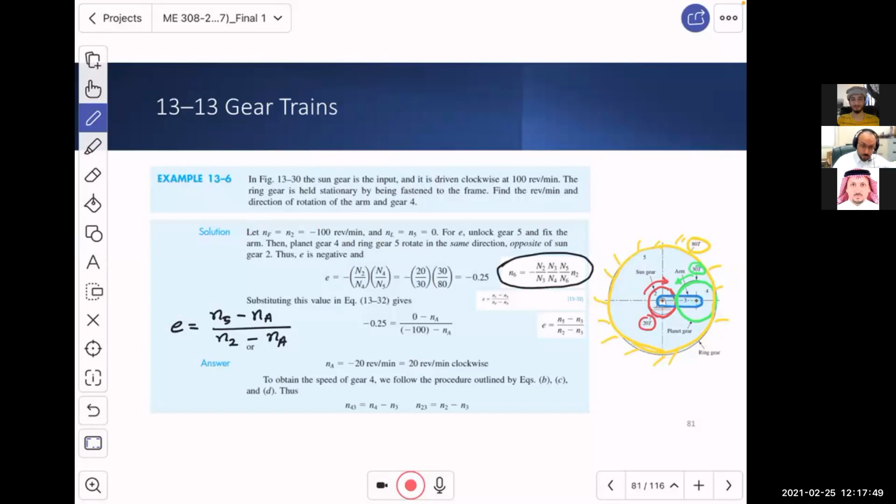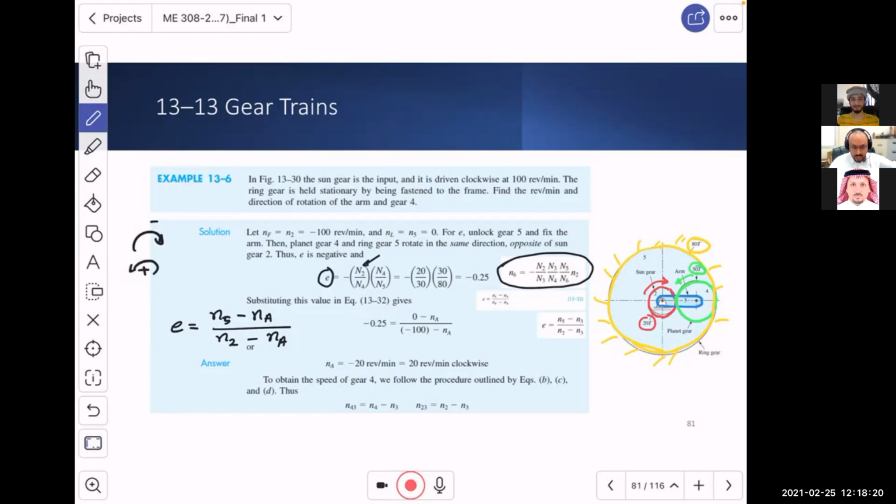And if we decide to put clockwise as negative and counterclockwise as positive, then E is equal to the gear ratio: the number of teeth 2 divided by 4.